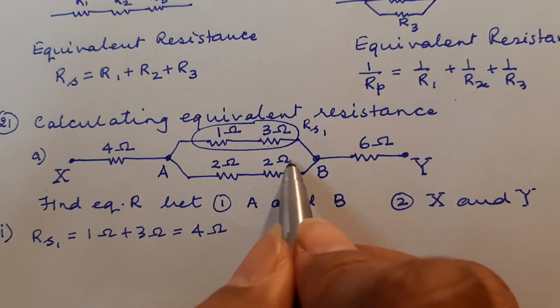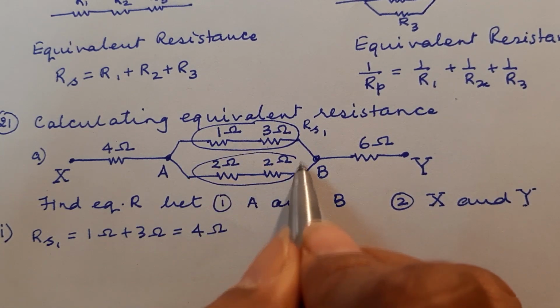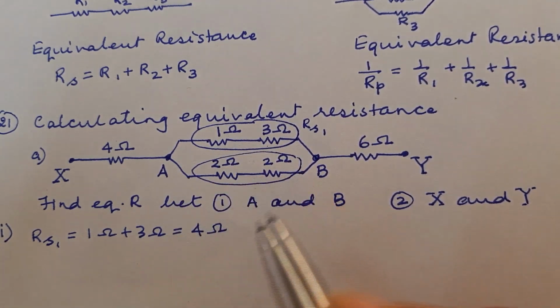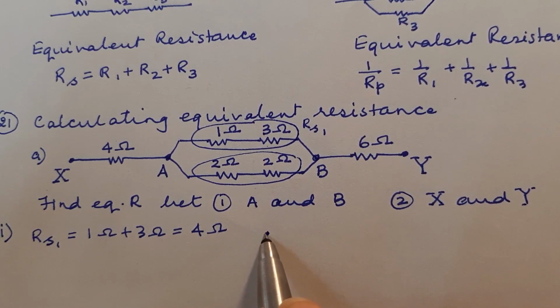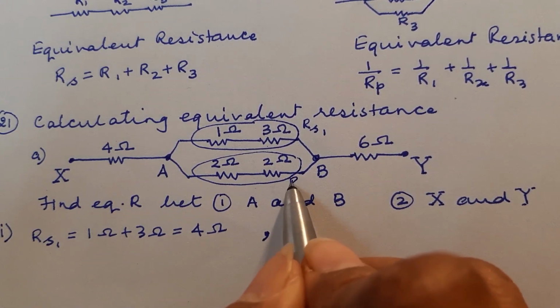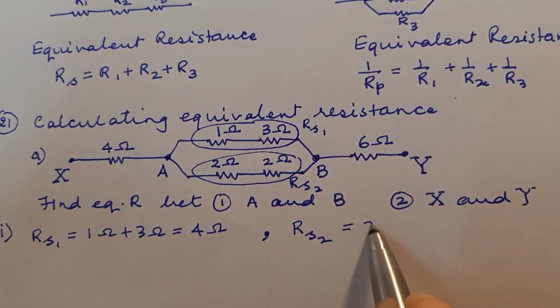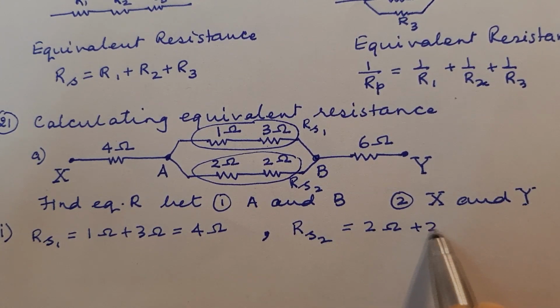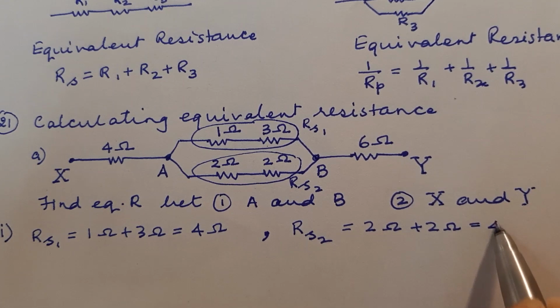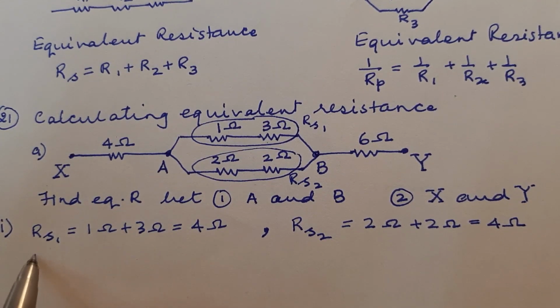And these 2 again, can you see this is only one path here, and so I'll write this as RS2. So RS2 is going to be equal to 2 ohm plus 2 ohm, which is 4 ohm again.